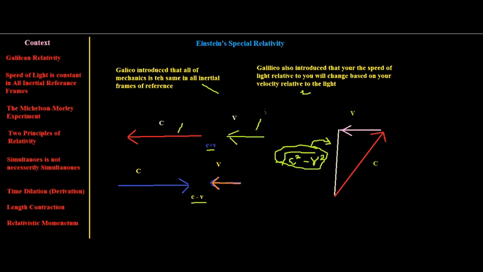So this is what can be seen from Galileo's principles describing the speed of light. So what was wrong about this? Before it could be made a general statement, it had to be tested.